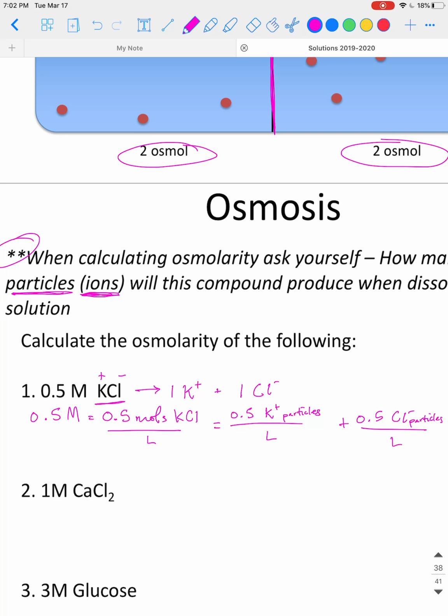Okay, so now we just add those up because osmolarity is the total number of moles of particles per liter. So we're going to get half a mole.